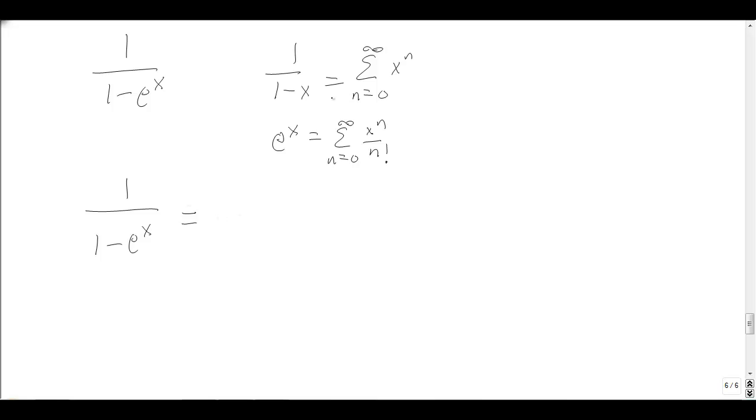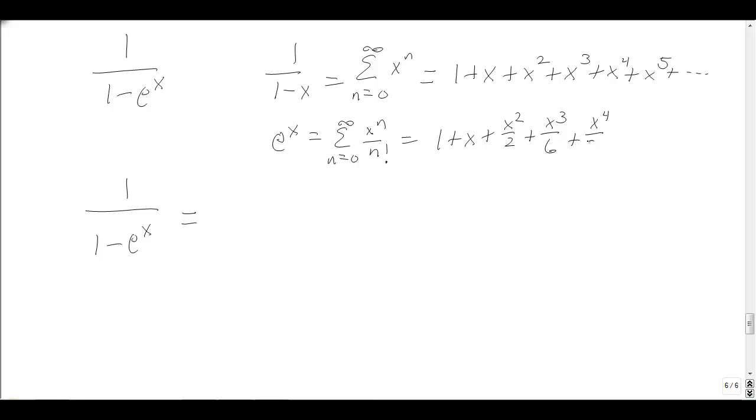So 1 over 1 minus x, that's 1 plus x squared plus x cubed plus x to the 4th plus x to the 5th, and so on. And then e to the x, that's 1 plus x squared over 2 plus x cubed over 3 factorial is 6 plus x to the 4th over 4 factorial is 24, and so on.